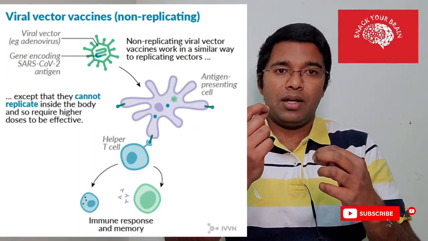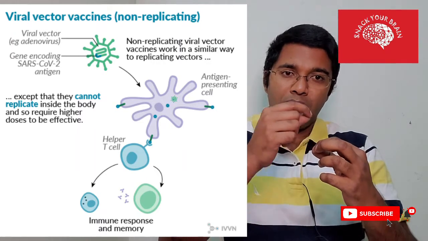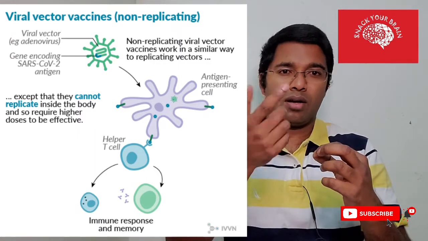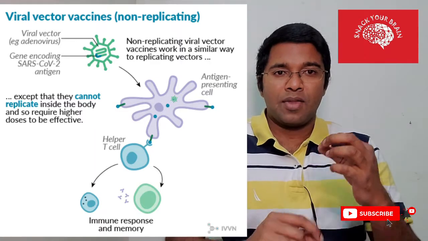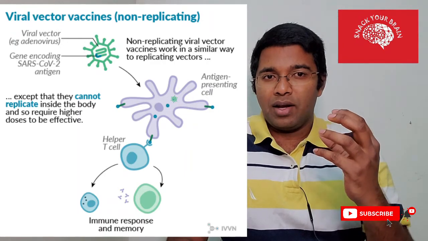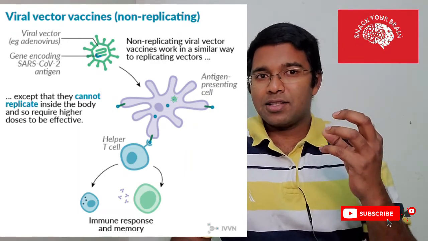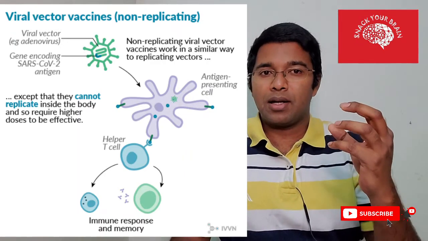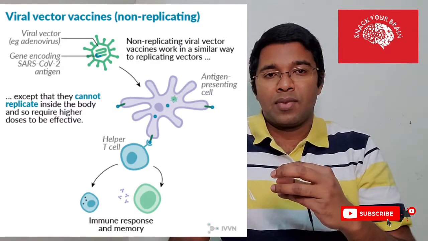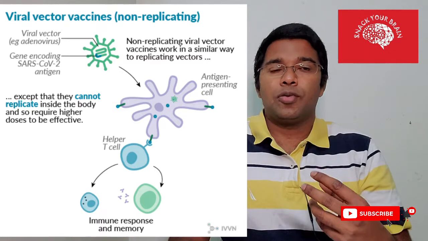And this toxic protein is made to be produced by this harmless virus. In that way, the new virus is created so that it makes the protein, but it is not enough to cause a disease, and that is injected, and that creates your immune response.